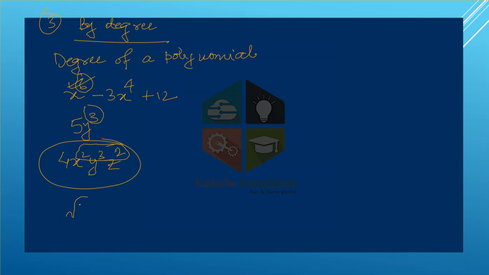Root 5 x cube y cube has a degree 6. Okay, y power 7 minus 5x square plus 3y square has a degree 7. So the highest exponent of any monomial of the given polynomial is called its degree.